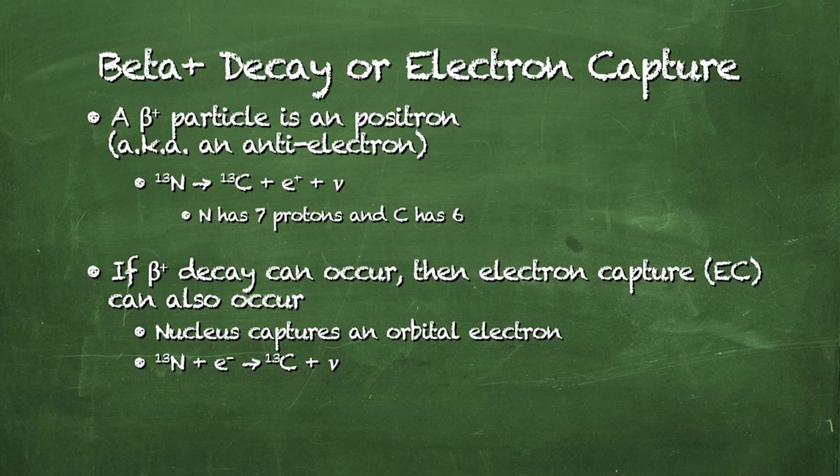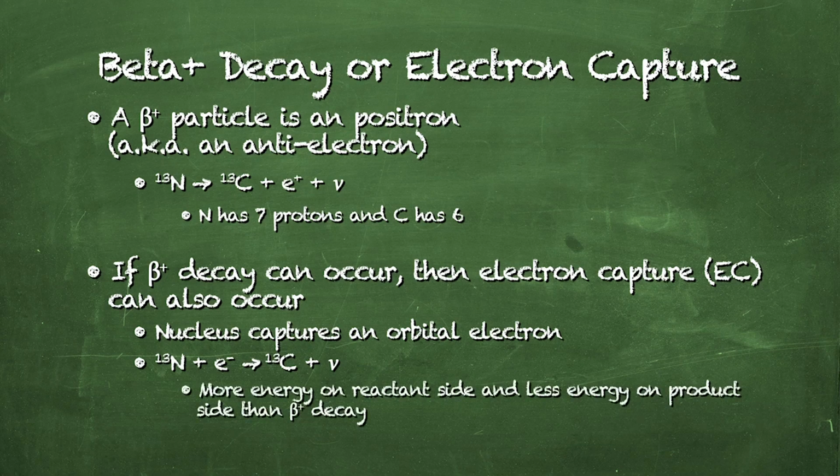Now, the reason why electron capture can always occur whenever beta plus can occur is that we have more energy on the reactant side of electron capture. We have an electron on the reactant side in electron capture and less energy on the product side.